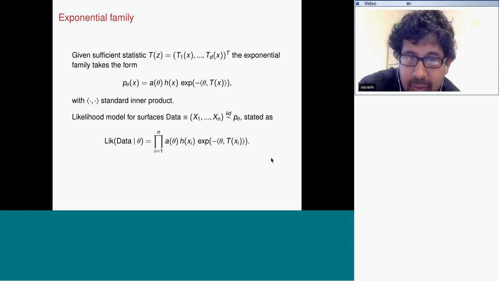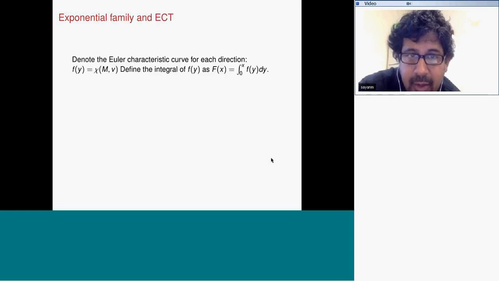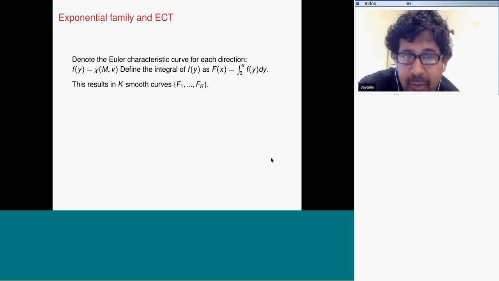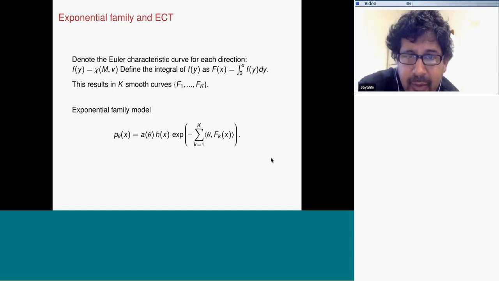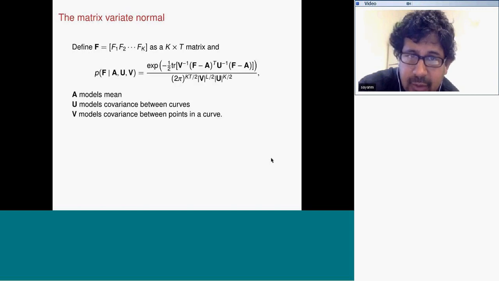Write down the likelihood for surface meshes if you had an exponential family, in terms of the bottom formula. Now, integrate these smooth curves, and this admits an exponential family. If you have k smooth curves, each of them discretized in terms of t points, this gives me a k by t matrix, and there's a quick way of modeling that.